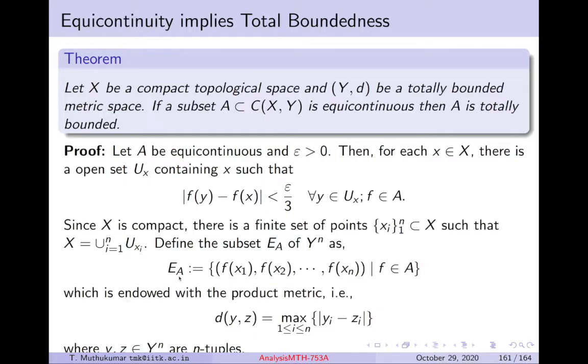Because this is a subset of Y power n, the metric that you give on Y power n is restricted to E_A as well. What is the metric? It is just the usual one. You have the n-fold Cartesian product, so you take the maximum over the coordinates: the distance between two points y and z in Y power n is the maximum of the distances between the corresponding coordinates.